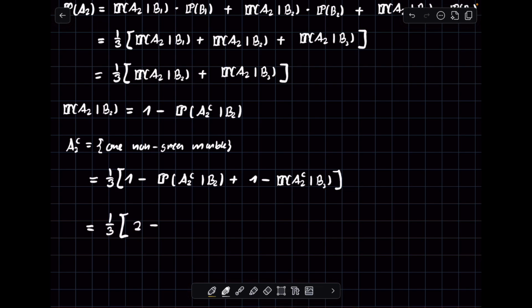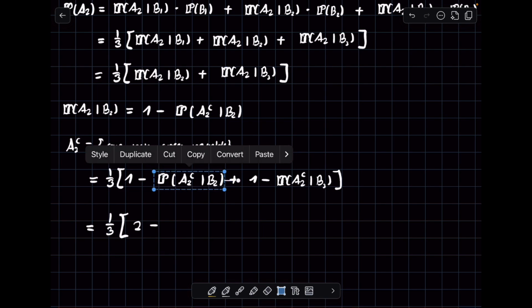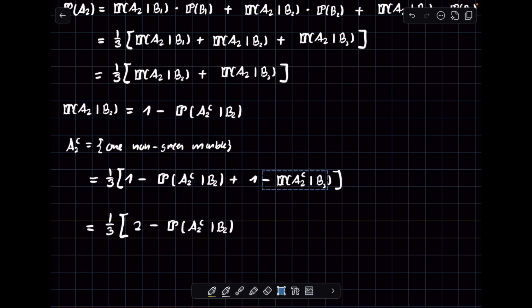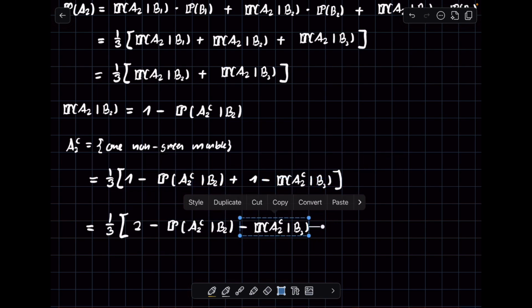So it's going to be 2 minus this one, and minus this one. So we have something like that. Now, what do these mean? It means, given we have bag 2, what's the probability that we get a non-green marble, right?